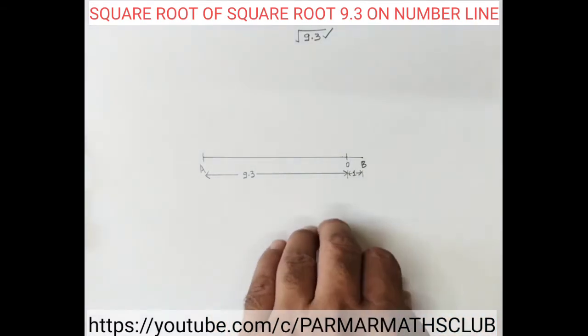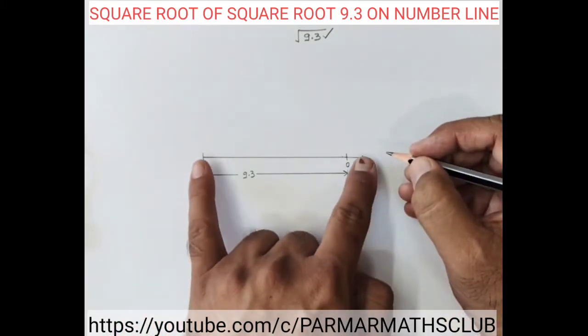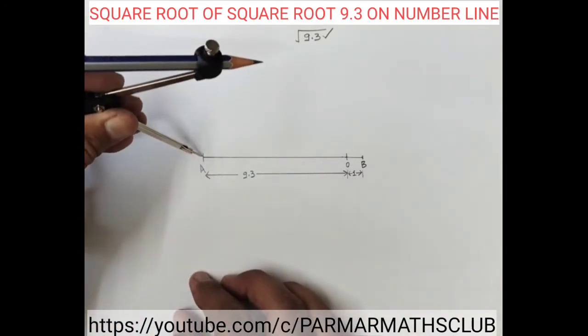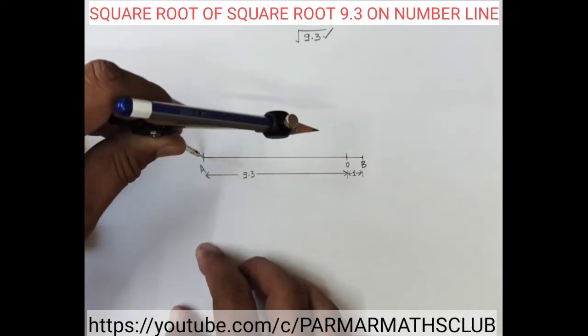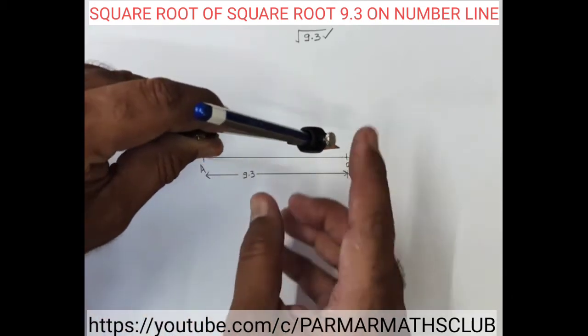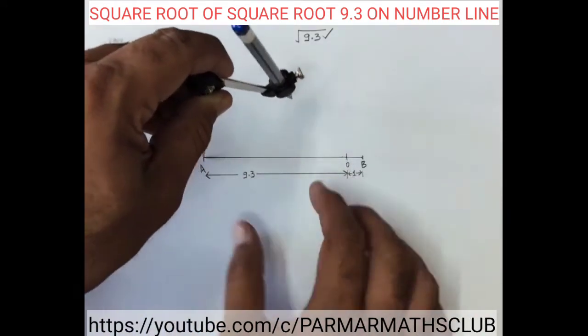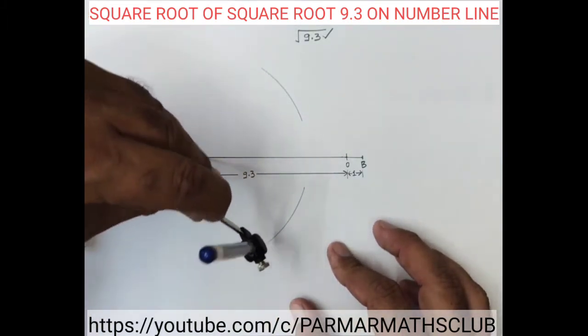Now we want to find the midpoint of AB. To find the midpoint of AB, we draw the perpendicular bisector of this line segment. What we need to do is put the metal tip at one vertex, open it more than half of the line segment, and put an arc above and below.